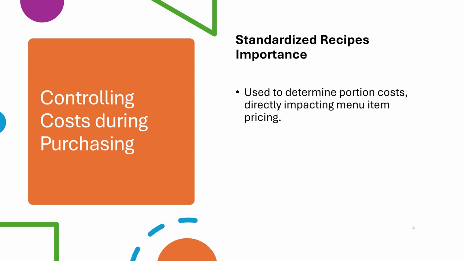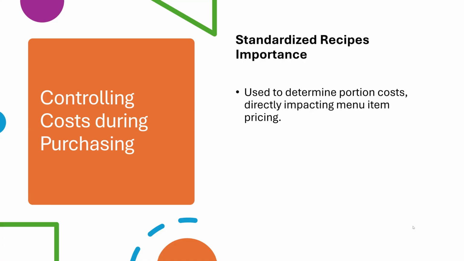So if we're using menus that we have created food costs or food cost percentage from, and somebody starts wheeling their own recipe, maybe they're using more of the proteins, maybe they're using less of the lettuce or the tomatoes or the mushrooms. Again, whatever happens, if they change one of our standardized recipes, it really affects our food costs because now we don't have the right measurements. So standardized recipes are really important.